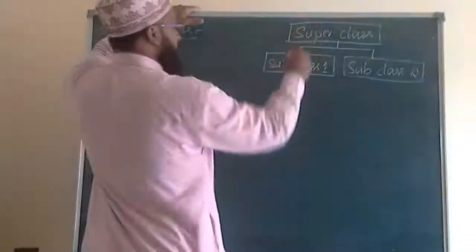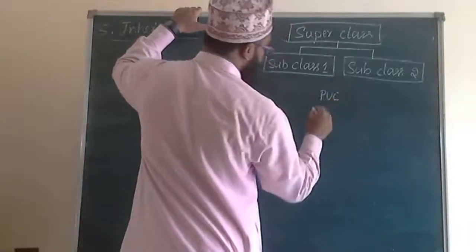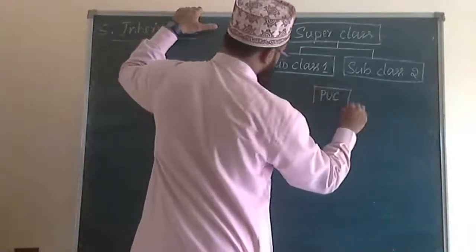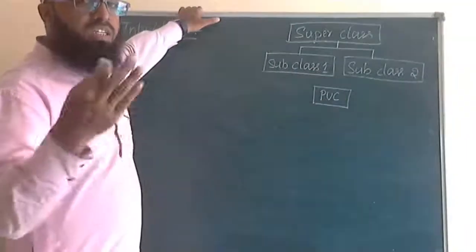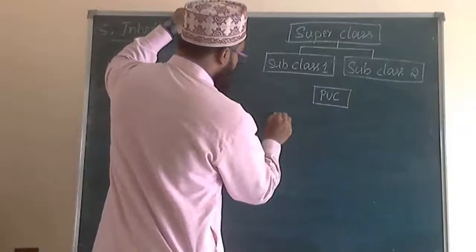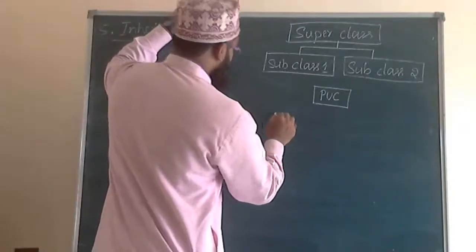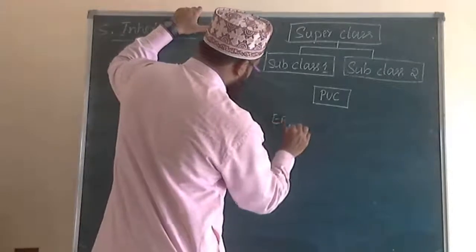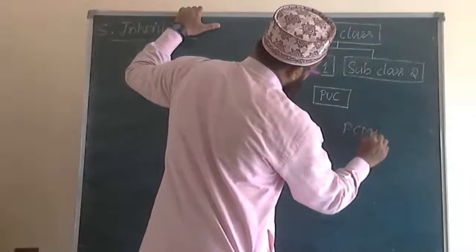I will give you one more example. Take a class as PUC. Under PUC we can create two more classes. One is the EBAC class, and another one is the PCMB class.